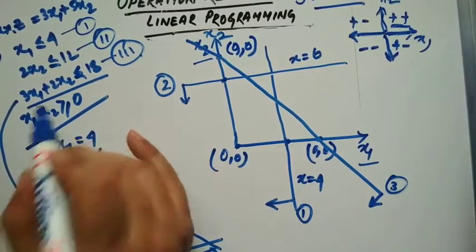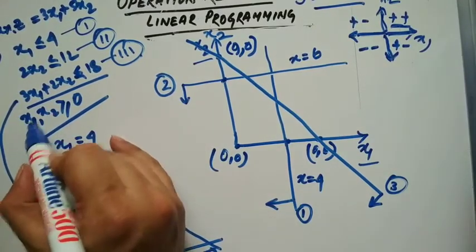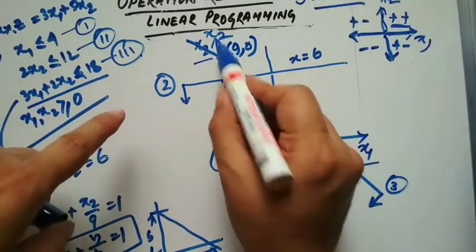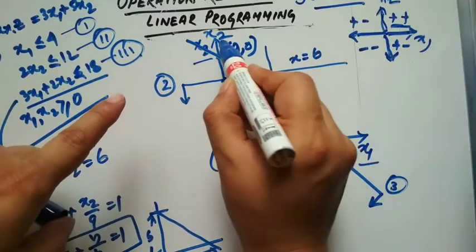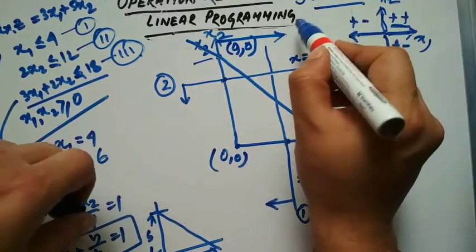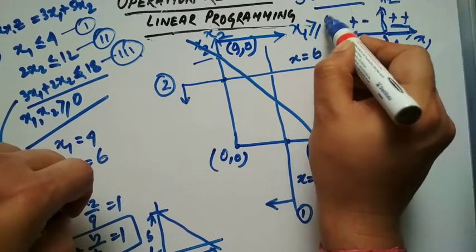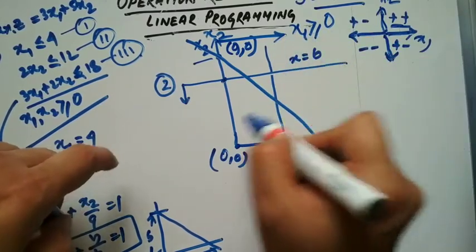Now we have two equations left. One is x1 greater than or equal to 0, which means this line, the x2 axis. Greater than or equal to 0 means away from the origin.